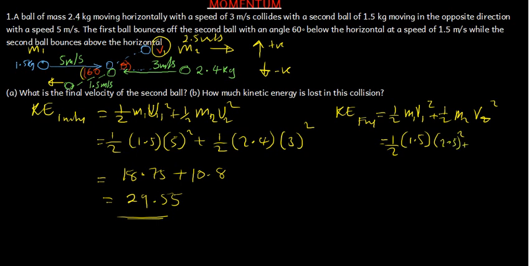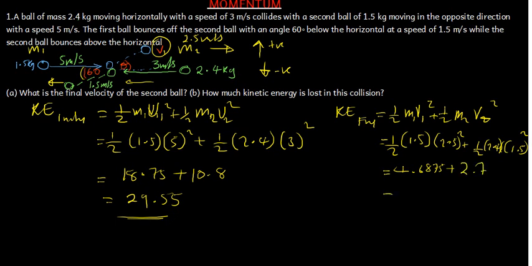And then half m2 is 2.4, and then we know it bounced at this velocity of 1.5, so that squared. So this is going to give us half multiplied by 1.5 multiplied by 2.5 squared, so that is around 4.6875. And then you have got the other one, half multiplied by 2.4 and then multiplied by 1.5 squared, so that is 2.7.